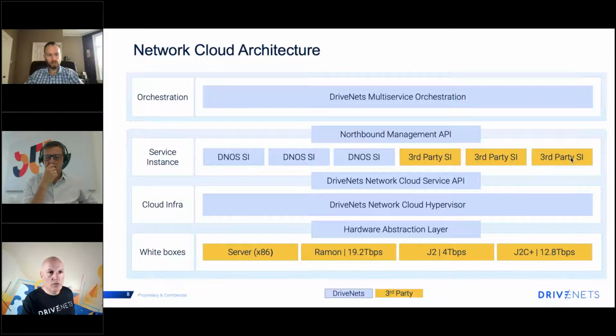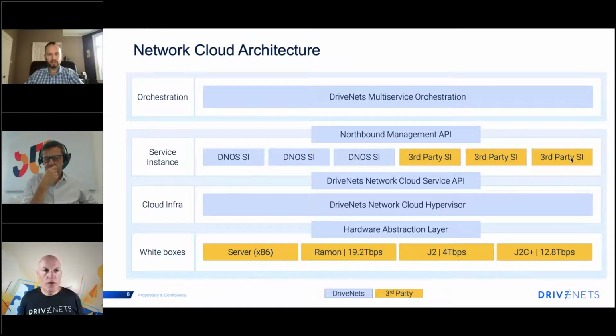So if you want a router, a BGP router, ISIS router, a peering router, etc., you get a software instance that runs in a container from DriveNets. Alongside it, you can run a third-party application, for instance, a firewall or DDoS mitigation or DPI. These could coexist together over this shared pool of resources.